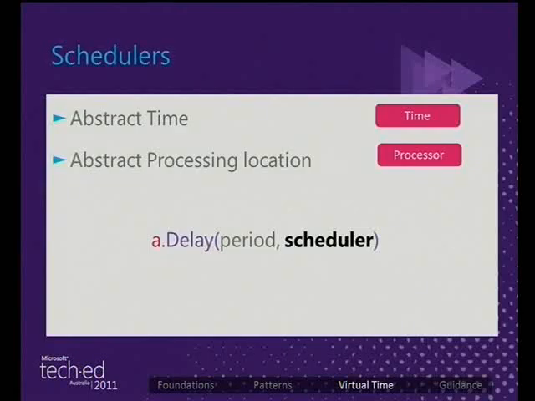You can say use the current thread, which doesn't introduce concurrency. You can say use your own test scheduler, which does whatever you want it to do. So this is a very powerful aspect of Rx, but I'm not really going to dive into that too much, because that's another level down. I'll take questions on that at the end.